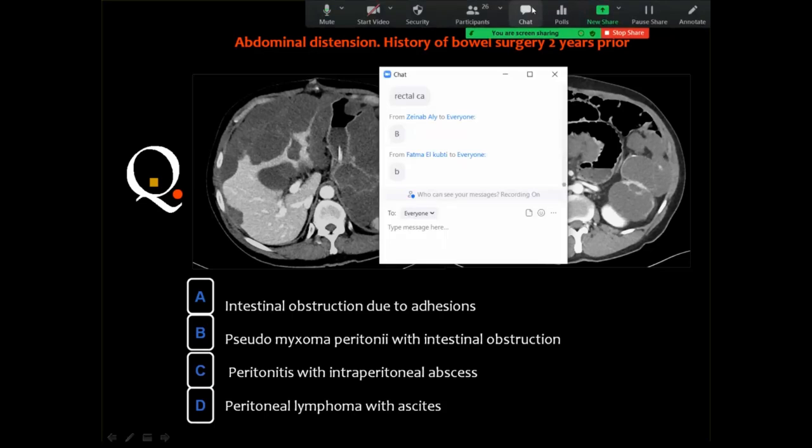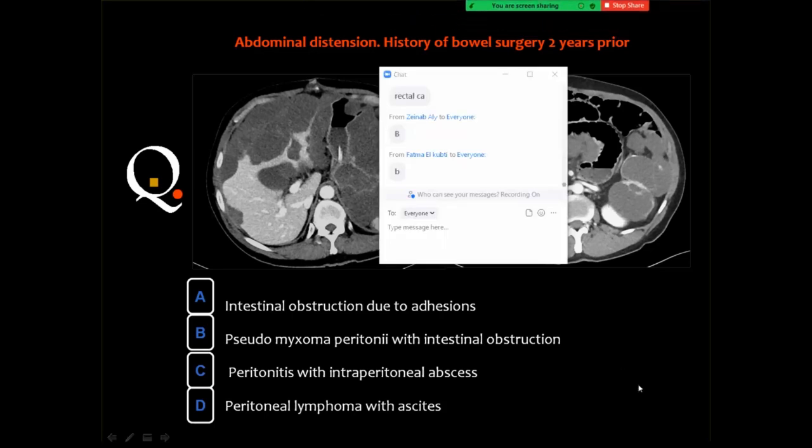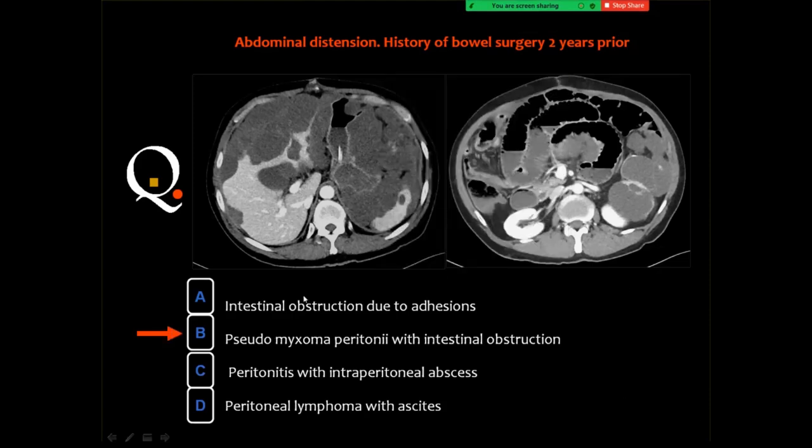Yes, the answer is B, and this is right. This is pseudomyxoma peritonei because of the classic appearance of the scalloping of the hepatic surface as well as the splenic surface together with intestinal obstructive changes. Of course, these obstructive changes have no relation to the pseudomyxoma peritonei.